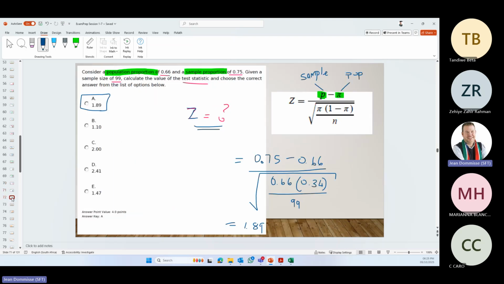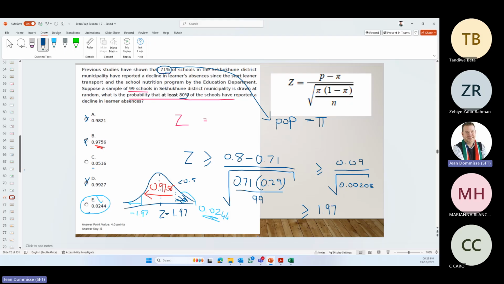Okay, that is it for tonight. Next week on Tuesday, we will take this again and add confidence intervals. We'll look at the mean with confidence intervals, and we'll look at the proportion with confidence intervals.